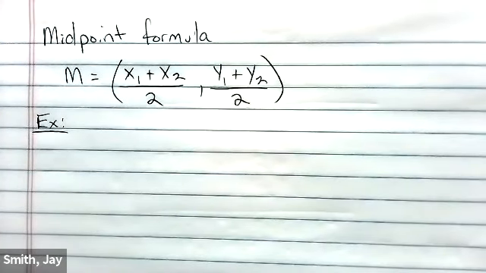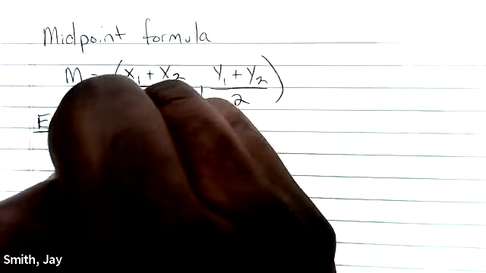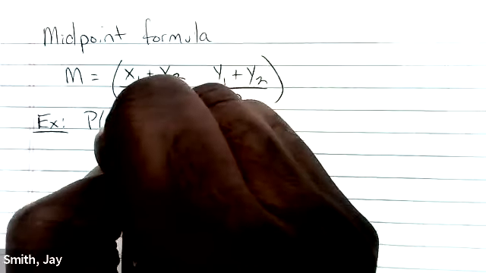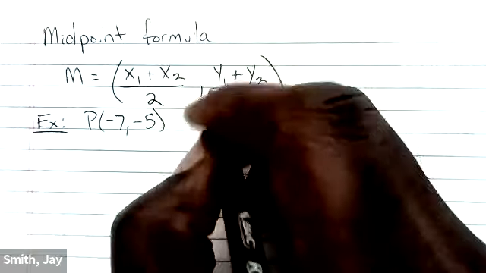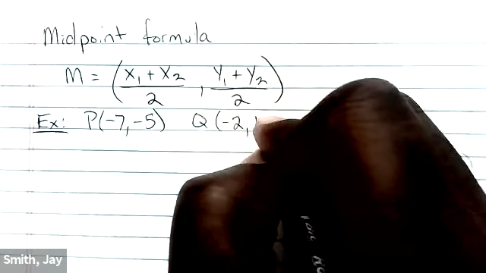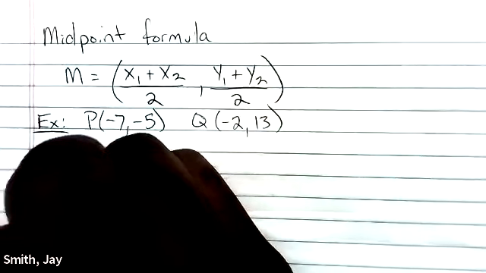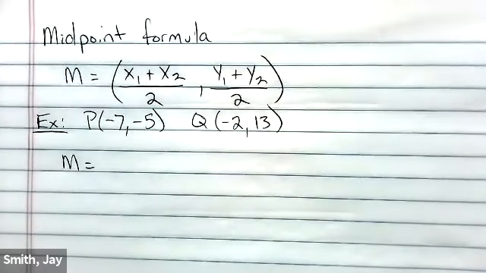So an example of the midpoint formula: we're given the point P, which is the ordered pair (-7, -5), and Q, which is the ordered pair (-2, 13), and we're asked to find the midpoint between these two.